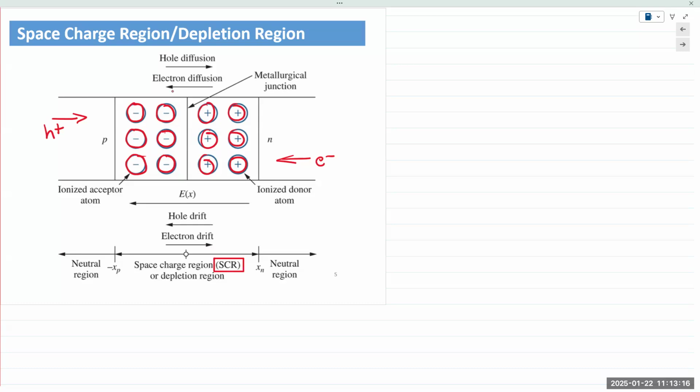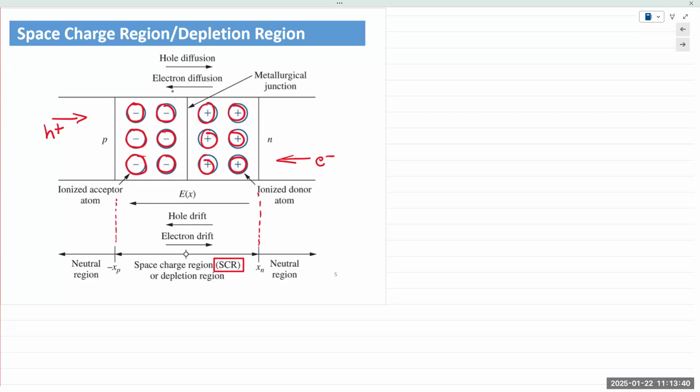That is right here. So you have ionized atoms on both sides, the p side and the n side. And these charges cannot move. They are fixed in place inside the silicon lattice, because these are atoms that displaced other silicon atoms and took their spot.